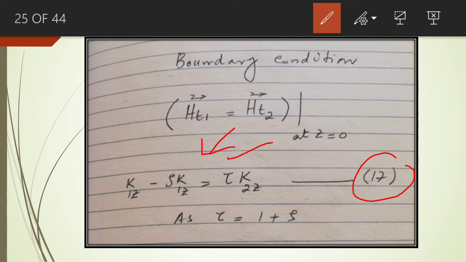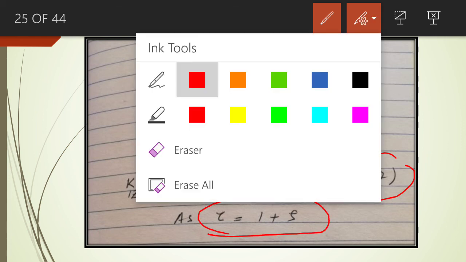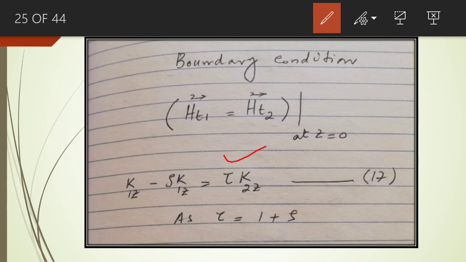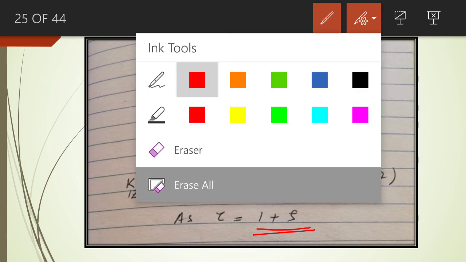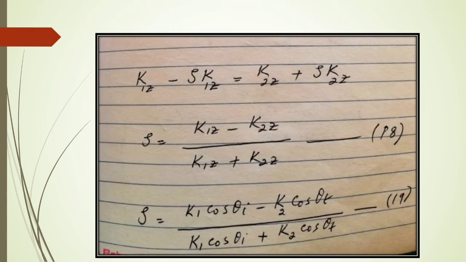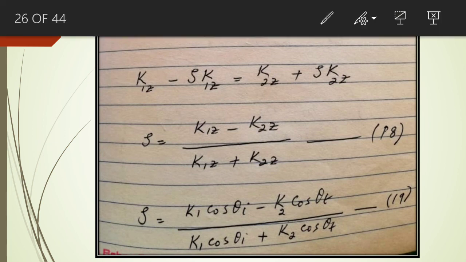And we know that the coefficient of transmission is equal to 1 plus rho. So what we do, we put the value of tau in equation number 17. So let us put the value of tau on the right hand side.